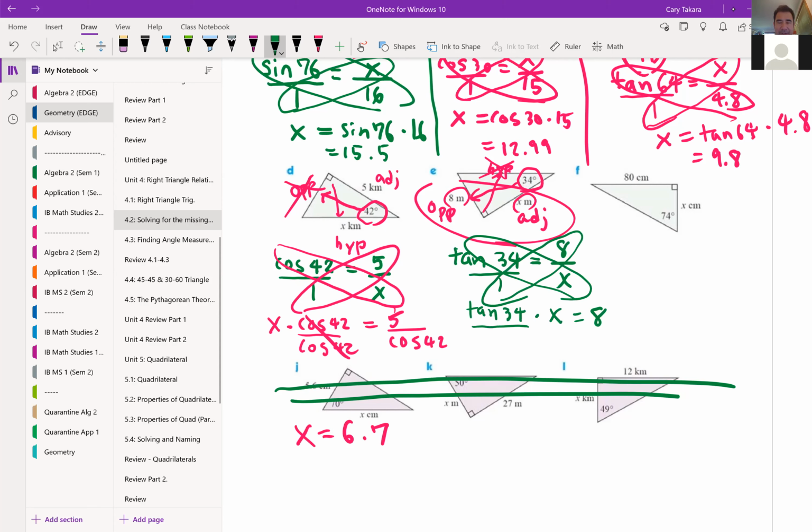And now I divide both sides by tangent of 34. So that's gone. So x equals 8 divided by tangent of 34. I get 11.9, yeah? Or 11.86.